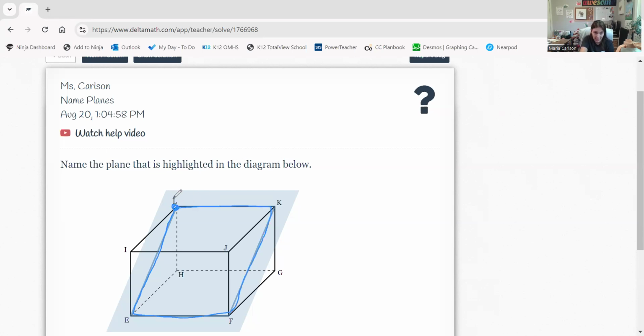So I know that point L, point K, point F, and point E are all on this plane, whereas H or G or J or I, those aren't on that darker blue highlighted plane or line. Those are not a part of the plane that is being highlighted. So the plane that is being highlighted only involves what has that dark blue outline around it.